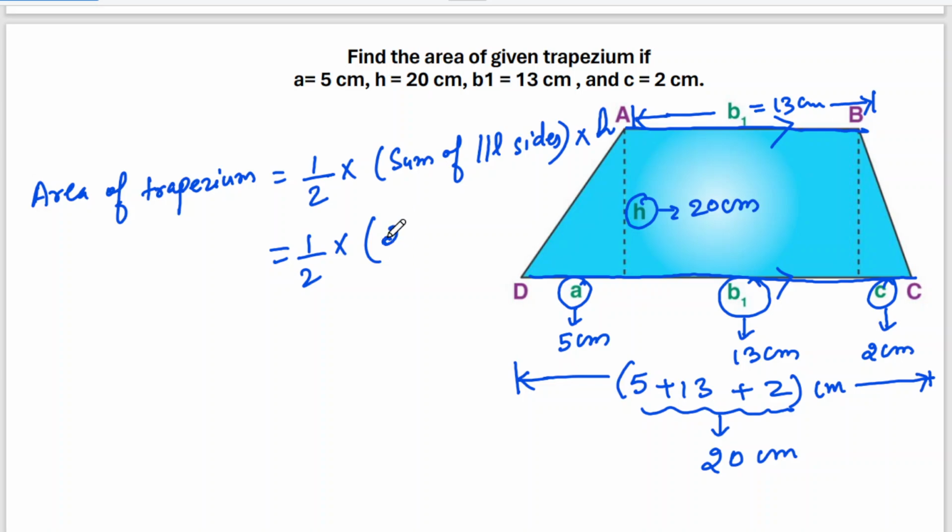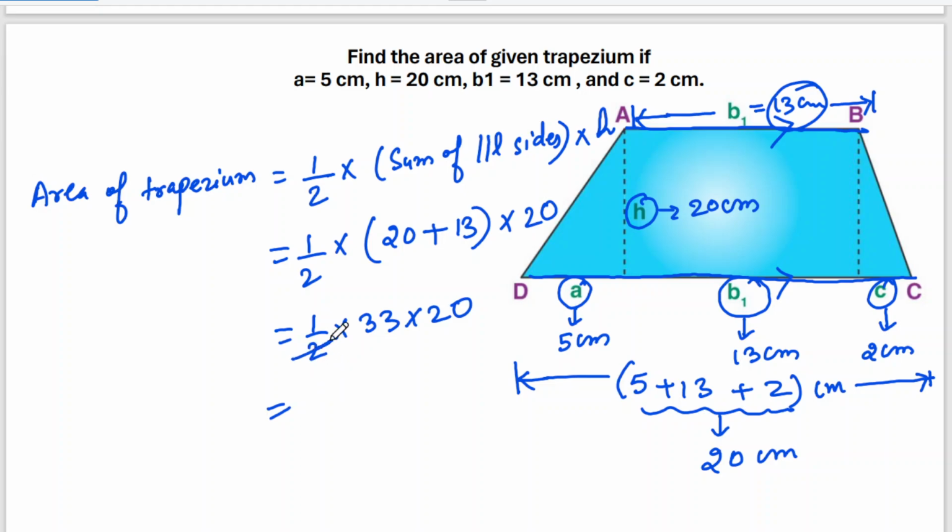It is 20 plus this 13. So 33 and height is given as 20. Okay. So it is half into 33 into 20. So we will cancel out this 10 times. So it is 330 centimeter square. Okay. Next question.